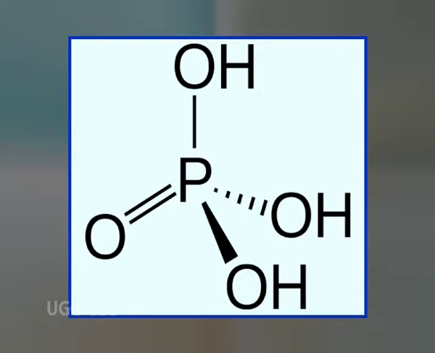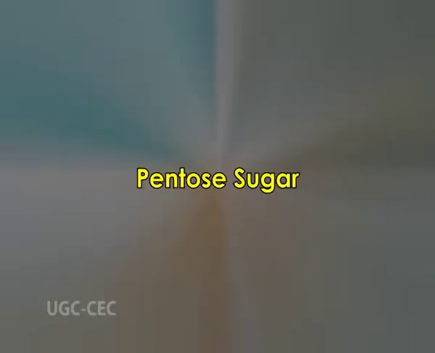The molecular formula of phosphoric acid is H3PO4. It contains three monovalent hydroxyl groups and a divalent oxygen atom, all linked to the pentavalent phosphorus atom. Second is pentose sugar. The two types of nucleic acids are distinguished primarily on the basis of the 5-carbon keto sugar or pentose which they possess.